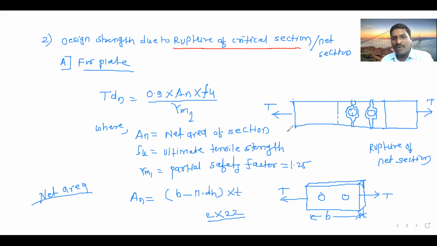Did everyone understand? I have given the explanation of the formula: what is B, what is N, what is DH and what is T. So that is the net area. AN is the net area.